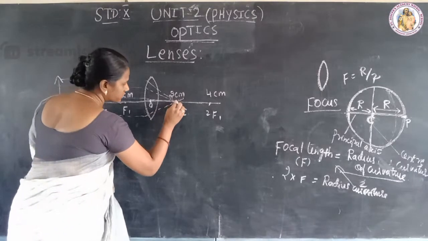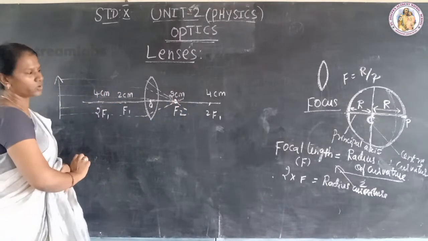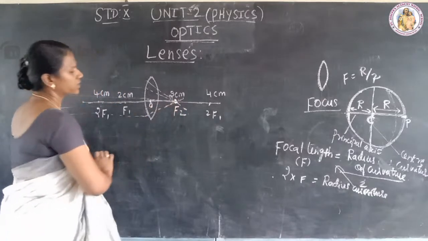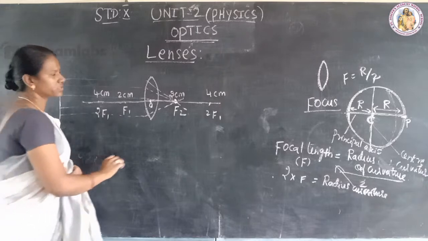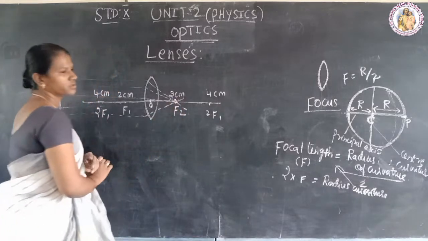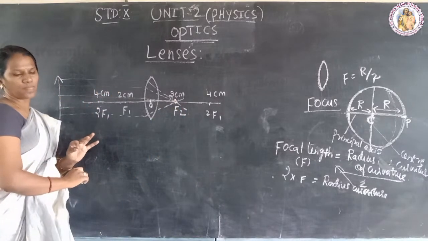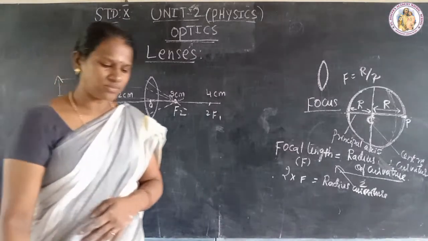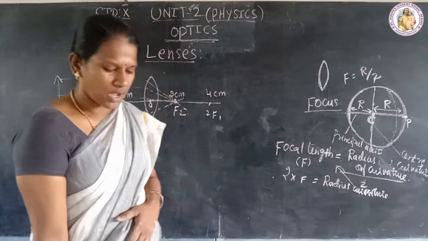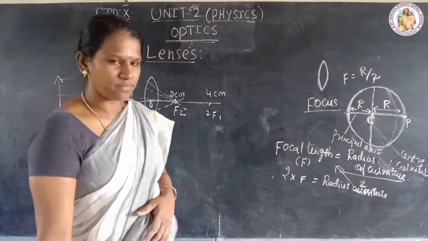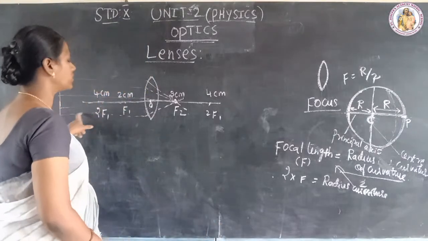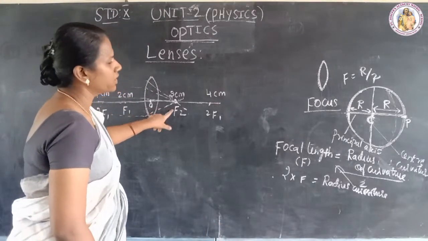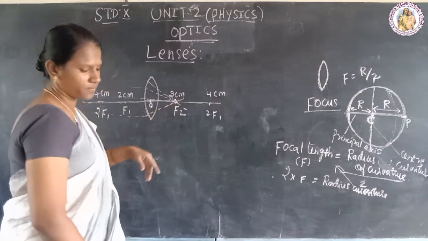So in this place the image is formed. The image formed here is diminished. The size of the image is small. So when an object is placed at infinity, a real image is formed at the principal focus.